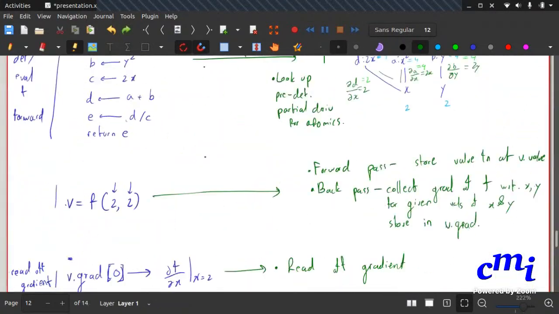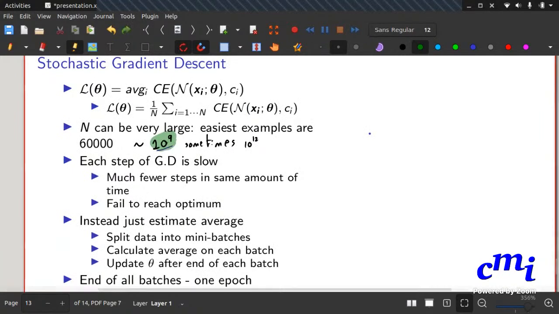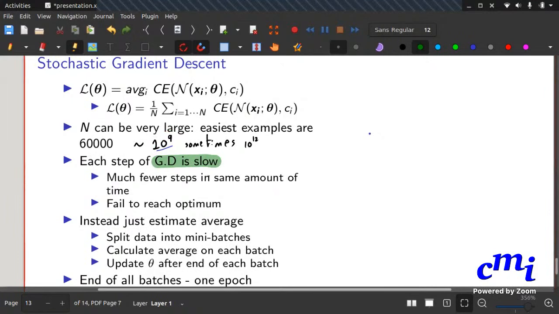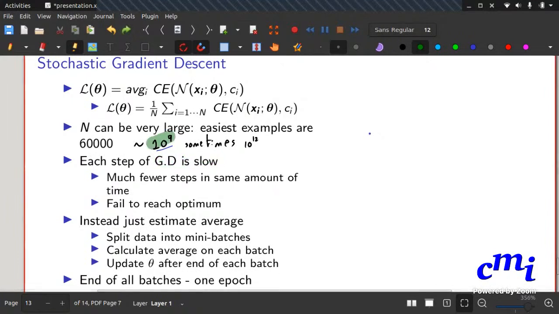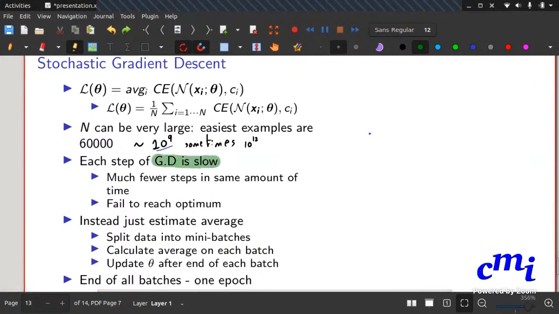Now, if your L is a loop that takes these many data points and runs over all of them, each step of gradient descent is going to be very, very slow, right? L itself is going to run 10 to the power 9 times. Then, if you run the autograd algorithm, each time you're calculating the gradient, you have to do at least these steps, right? So each step is going to be very slow.